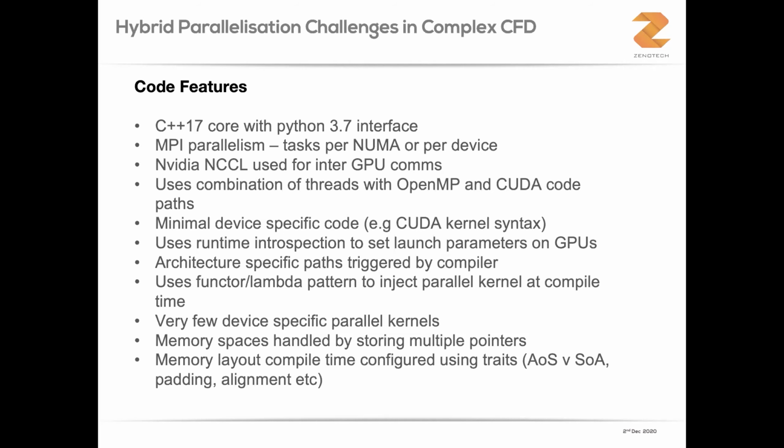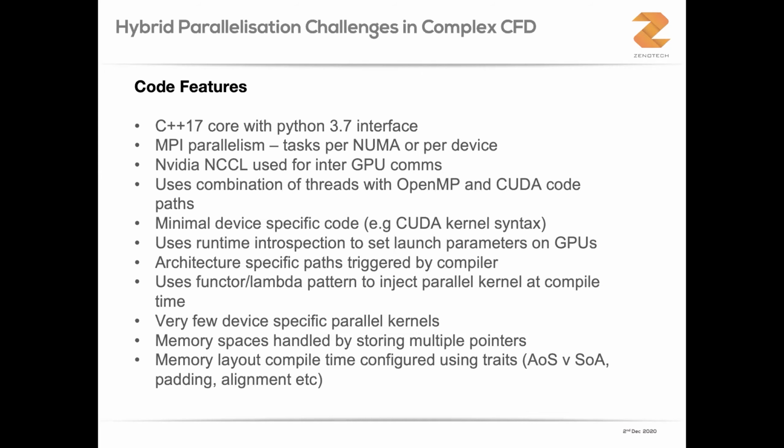That is basically down to which compiler is being used. If you're using NVCC, for example, it will compile the CUDA code path. If you're using the Intel compiler, it'd be the OpenMP code path, and that's just done automatically behind the scenes. So the compiler is doing a lot of heavy lifting for you.